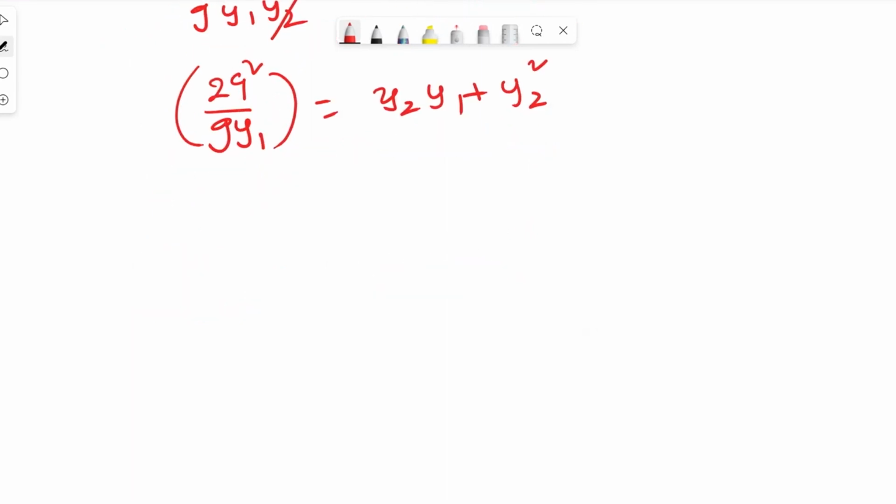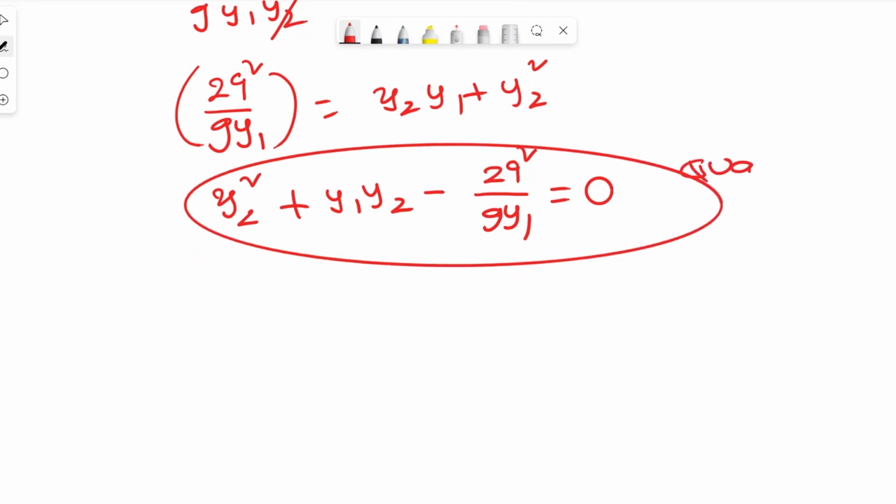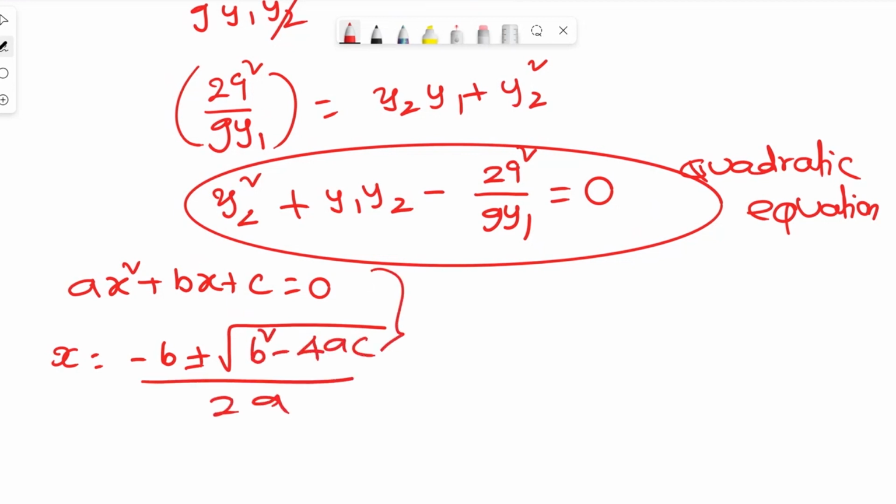So now what I can write? It is y2 square plus y1 y2 minus 2q square by gy1 is equal to 0. So this is a quadratic equation. For any quadratic equation ax square plus bx plus c is equal to 0, you know x is equal to minus b plus or minus square root of b square minus 4ac by 2a. This is what generally we use. So the same principle I will use here.